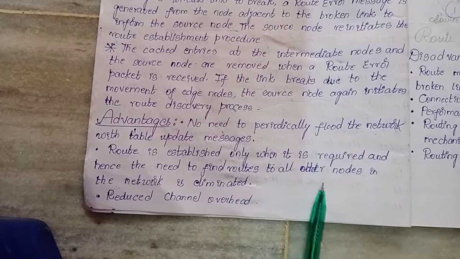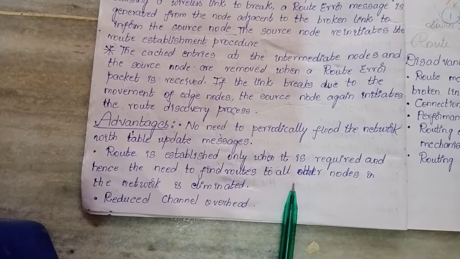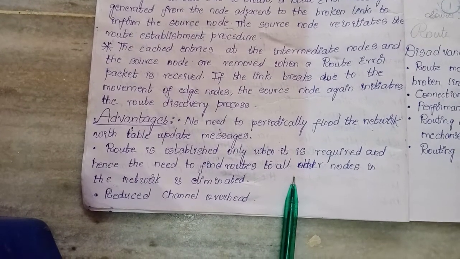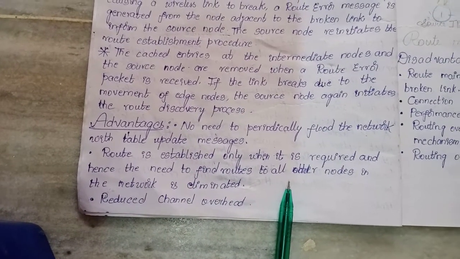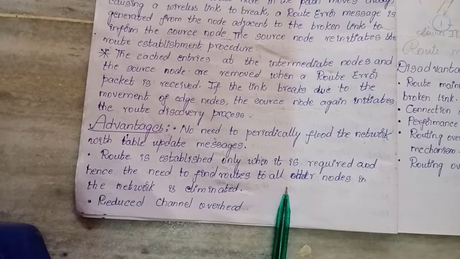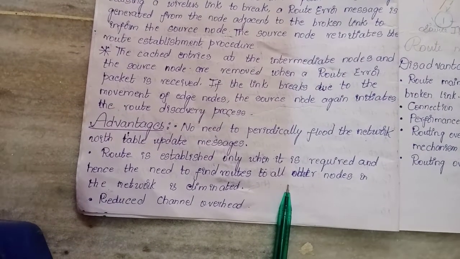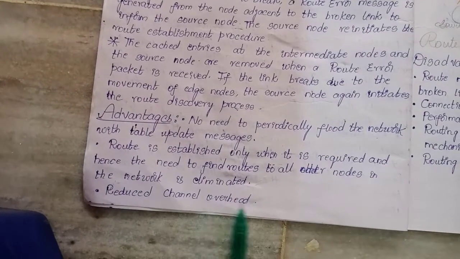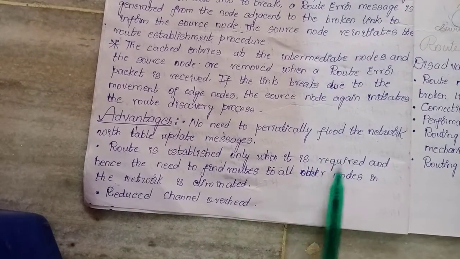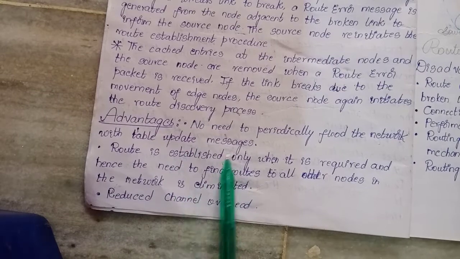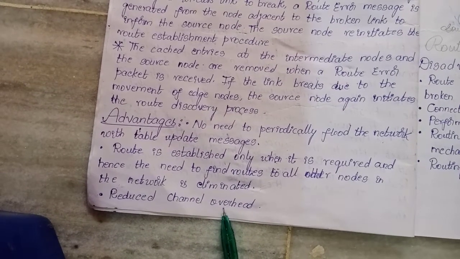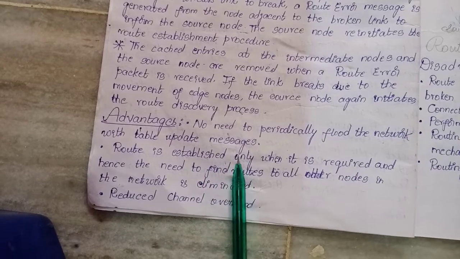This is also a good one, as in table driven routing protocols, you need to calculate the routes constantly, not literally every second, but when there are more path breaks, you have to calculate, right? Reduce the channel overhead. How? Because of these update messages, the channel will always be overloaded with them.